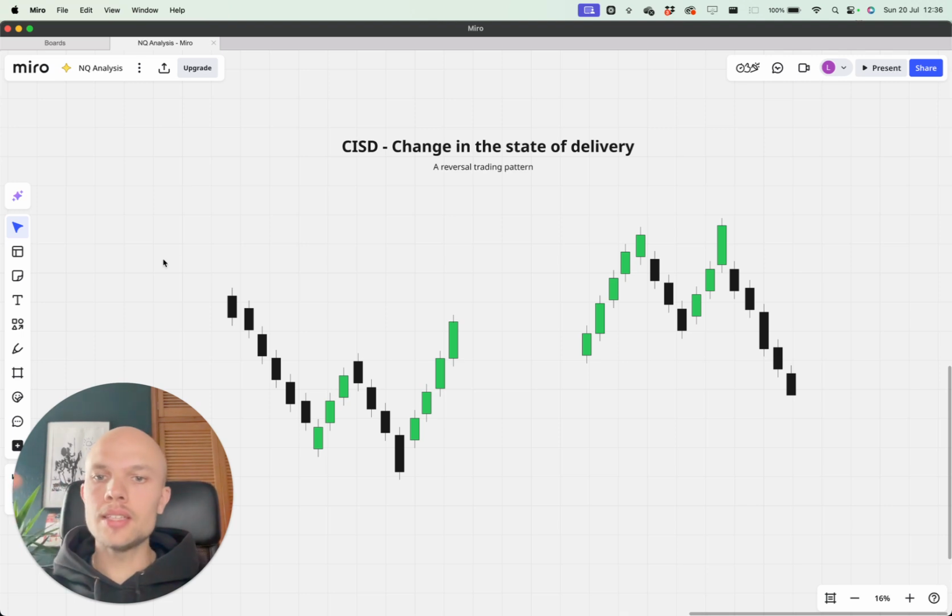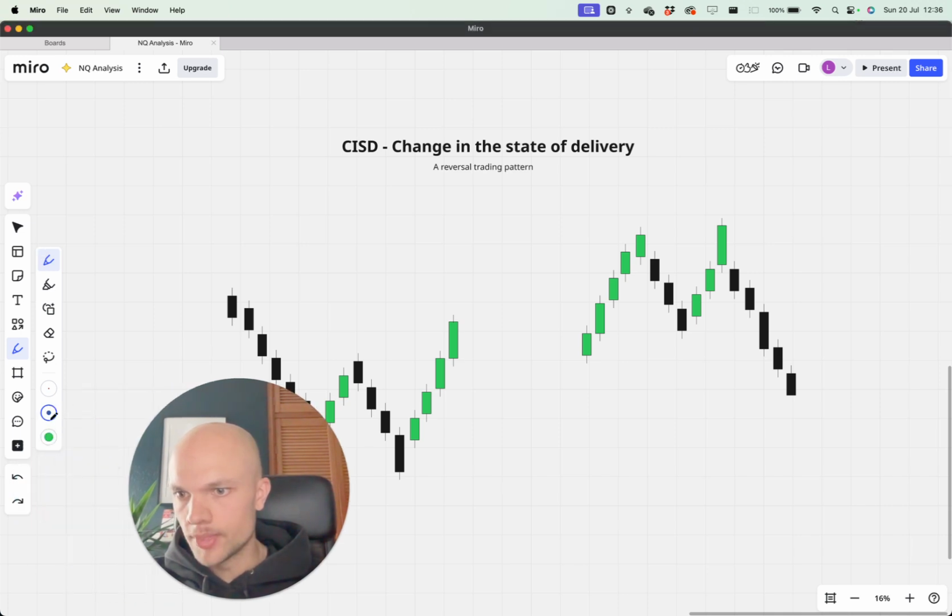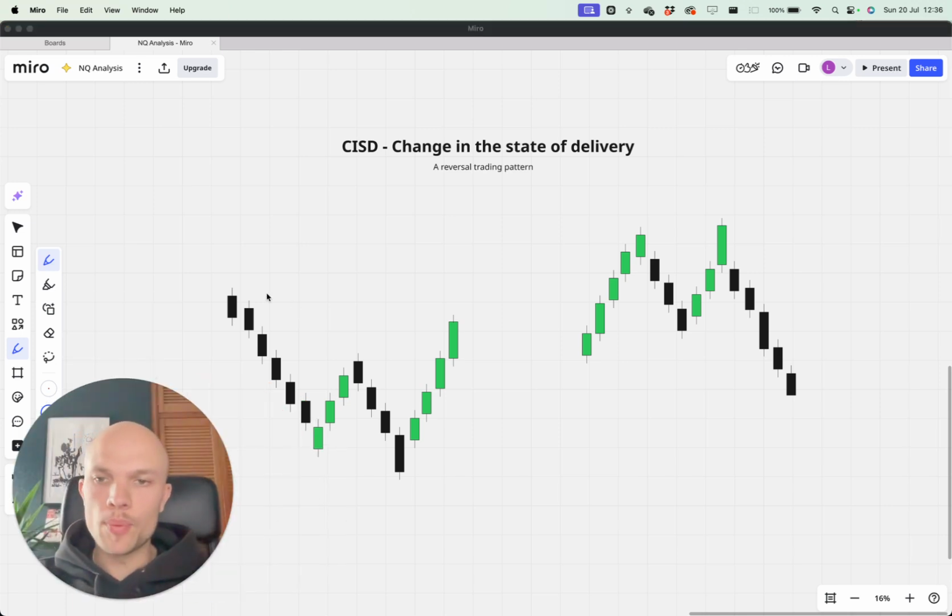So let's start in a bearish scenario. If we're in a bearish trend, we are trending down. Right, so if we're trending down, we create a low.